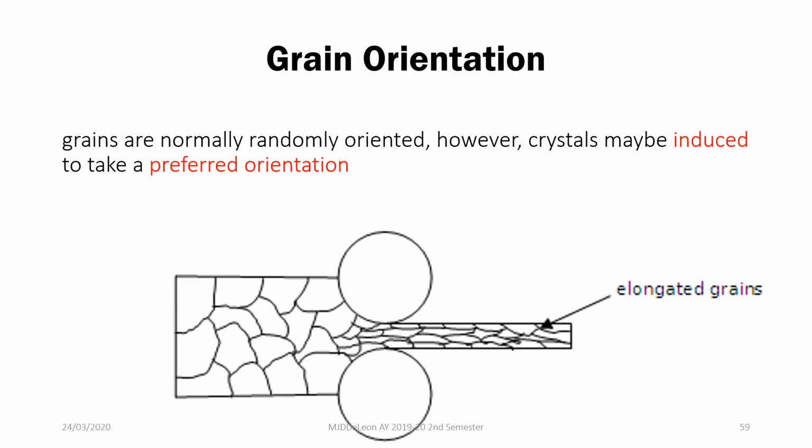So this may induce your crystal to have a preferred orientation, which would affect the properties of your crystal, which might make it from, let's say, an isotropic material to an anisotropic material, or magiging direction dependent na yung properties ng ating material.